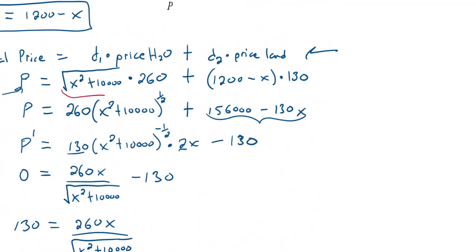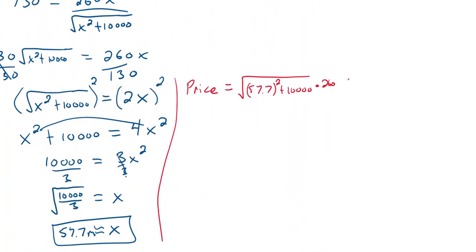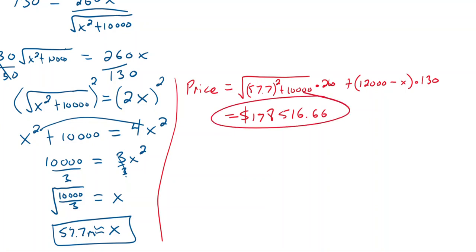So this is what I just put in, I just put in our number for x there. And then plus 1,200 minus x, and this should be in brackets, times 130. Okay, if we put all that in, we get $178,516.66. So that would be the total. That'd be the cheapest way to do this, is what we just found.